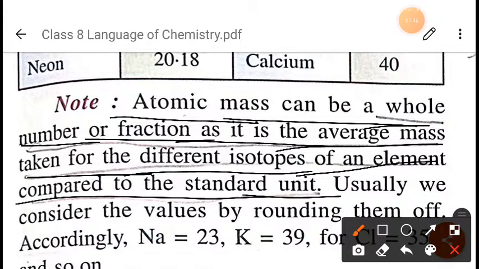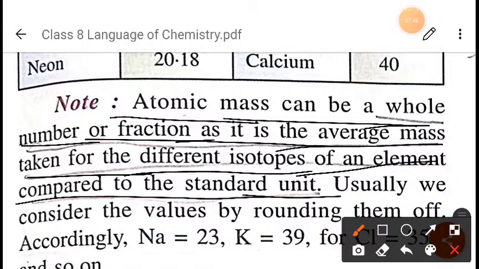For example, it is 35.5 for chlorine. It can be a whole number or a fraction because it is the average mass.